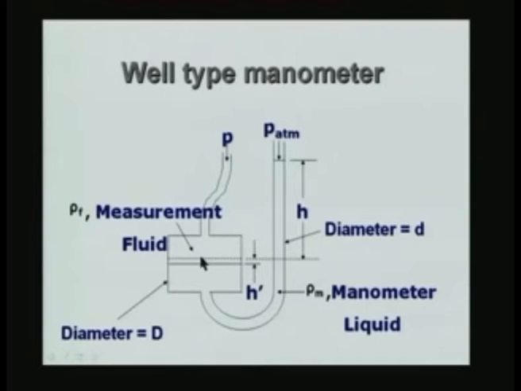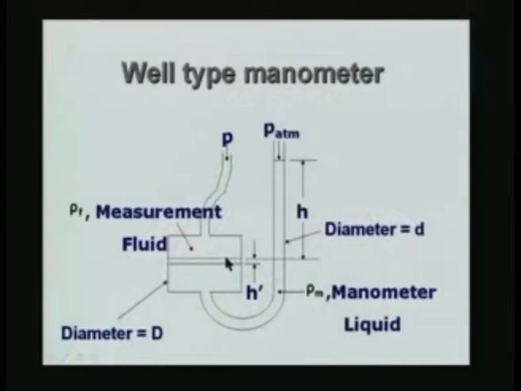If you remember, in the U tube column the depression on the left side was exactly the same as the elevation on the right side. The amount of liquid level going down on the left limb was exactly the same as on the other side. Therefore, H1 plus H1 is equal to H, that is, 2 H1 equal to H. But here the depression in the reservoir is going to be a small quantity H prime.